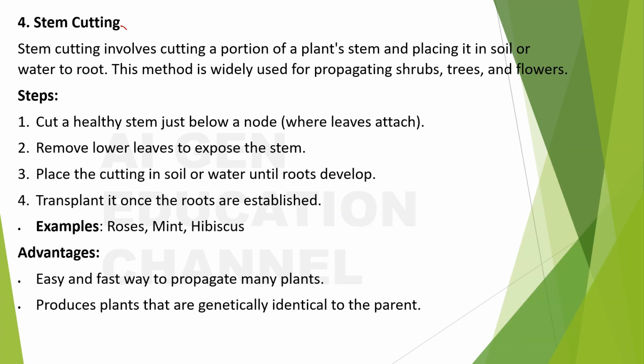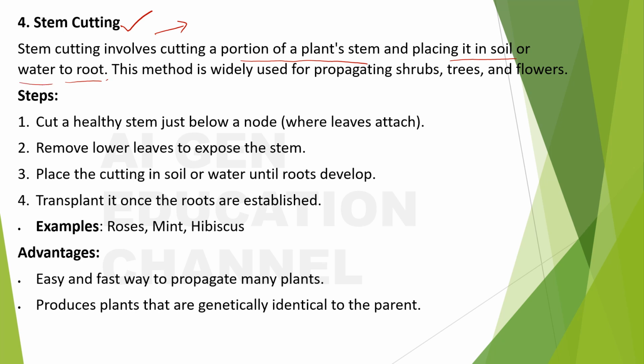So next is stem cutting, and this is so popular, everyone knows about it. Whenever we say stem propagation, what we get into our mind is stem cutting. So stem cutting involves cutting a portion of the plant stem and placing it in soil or water to root.